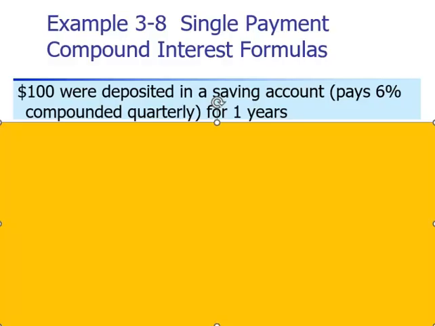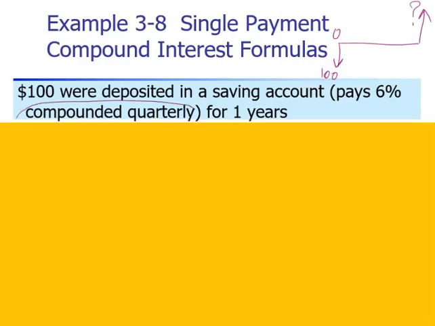Before you do that, you are going to get these deposited, so you are paying. So at 0 it would be 100. Don't worry, I'm not going to spoil the problem. After 1 year it is asking you how much you will have. But the point is that the interest is compounded quarterly.